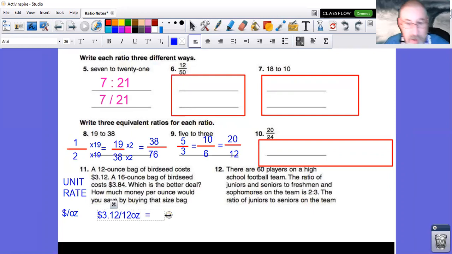And if I put that in my handy dandy calculator machine, 3.12 divided by 12, you end up with 0.26.